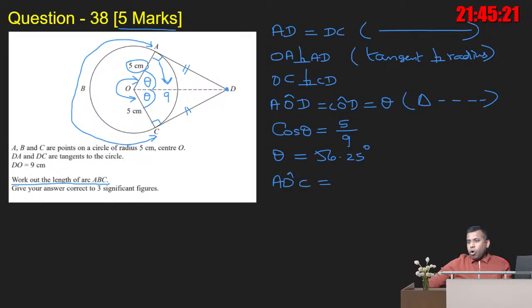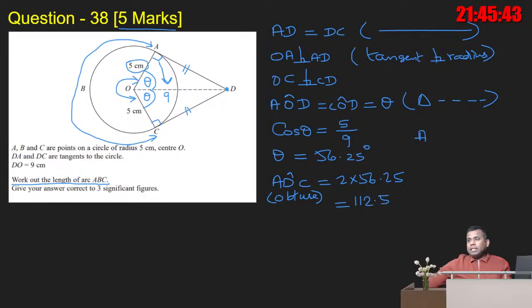Now AOC is an obtuse angle, 2 times that 56.25. So you multiply the answer by 2, and I get 112.5, right?